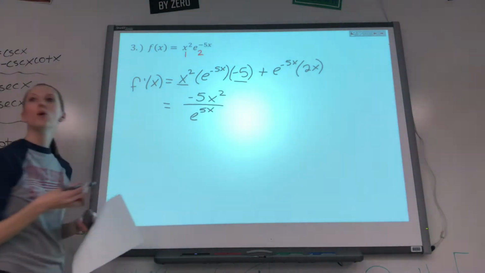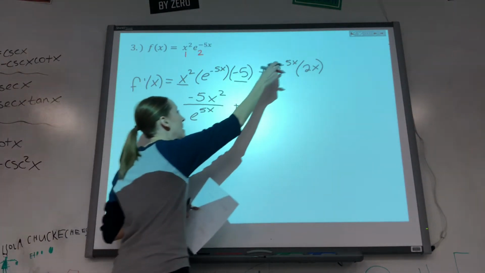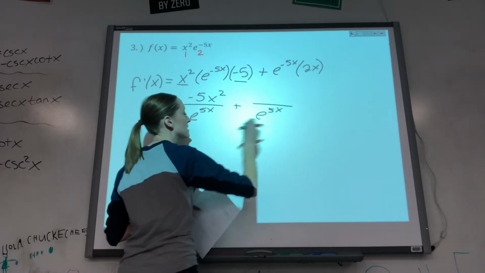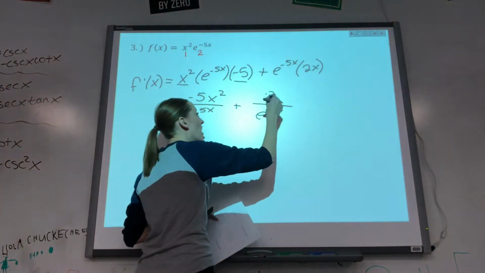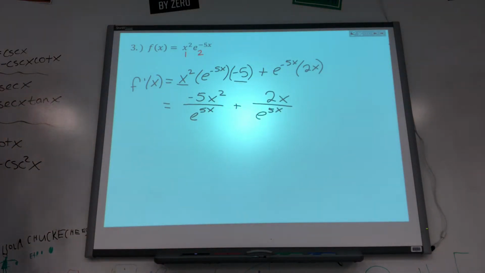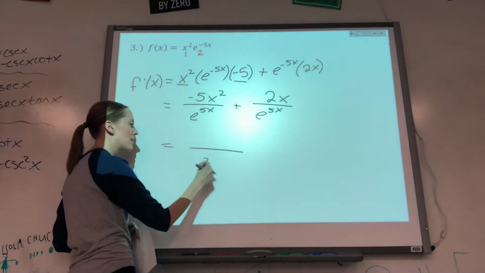The only thing you pull to the bottom is the part with the negative exponent. Now, same kind of thing back here. I'm going to pull that to the bottom, and I'll leave the 2x on top. So we're actually adding fractions with the same denominator.